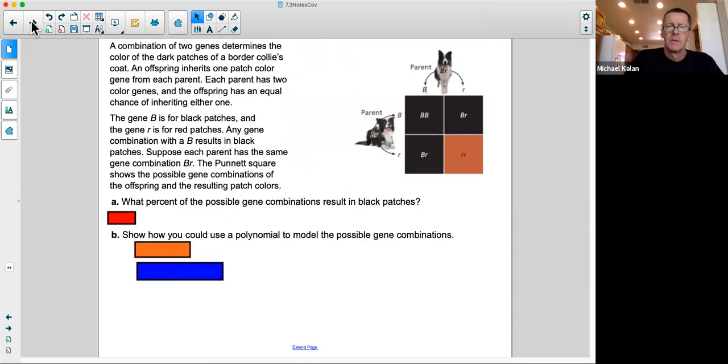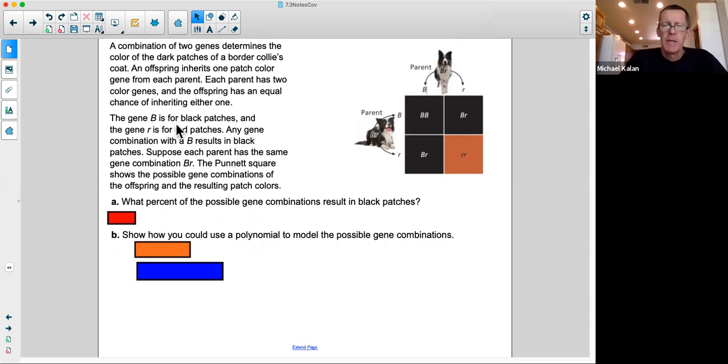All right. So let's move on. Okay, we're going to look. Oh, this is cool. This is probably a connection for you with science. Okay, a combination of 2 genes determines the color of the dark patches of a border collie's coat. An offspring inherits 1 patch color gene from each parent. Each parent has 2 color genes, and the offspring has an equal chance of inheriting either one.